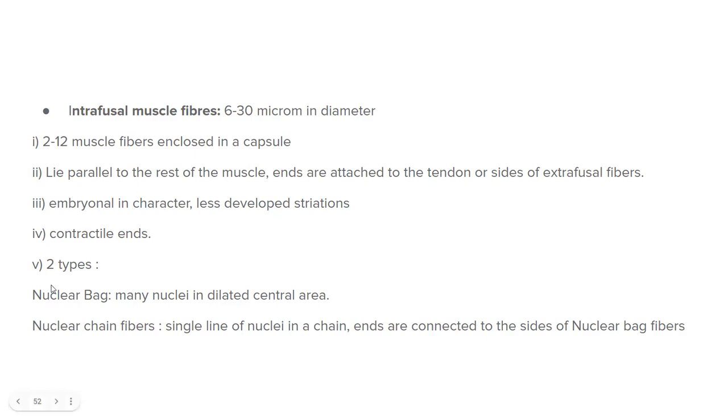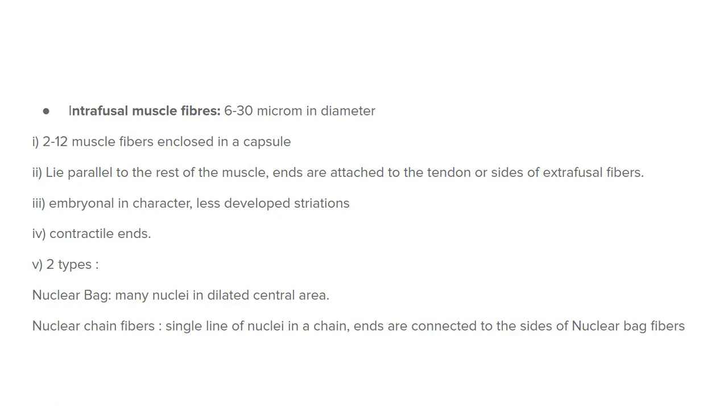And there are 2 types of intrafusal fibers. One is your nuclear bag fibers, and the other one is your nuclear chain fibers. The nuclear bag fibers appear like a bag with multiple nuclei in the center. Whereas nuclear chain fibers, as the name suggests, appear like a chain, and the nuclei are arranged in the form of a chain.